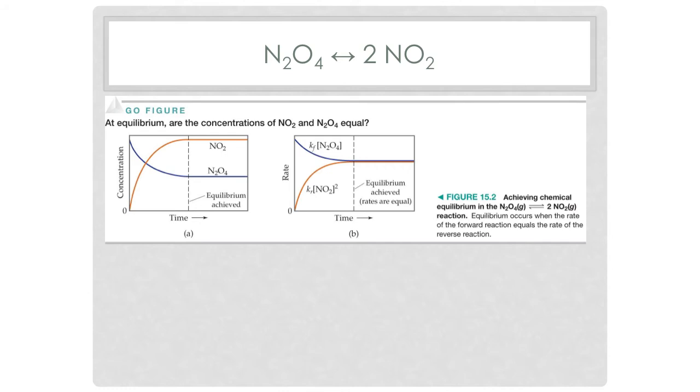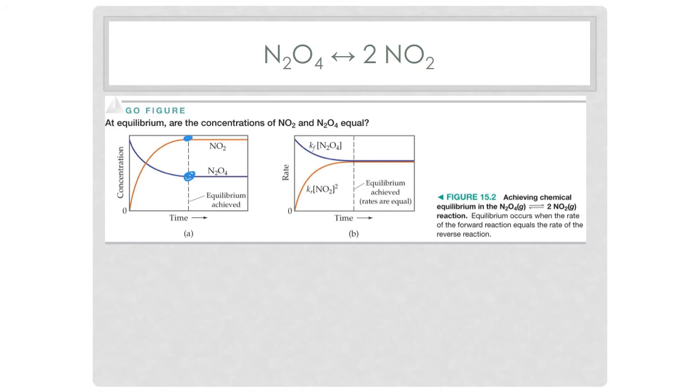All right, graphically, a lot of times we look at how our concentrations change over time. With both of these graphs, we see that we reach equilibrium once we get to a constant concentration. So once we reach about this point here on that first graph, that would be equilibrium because then the levels stay constant.